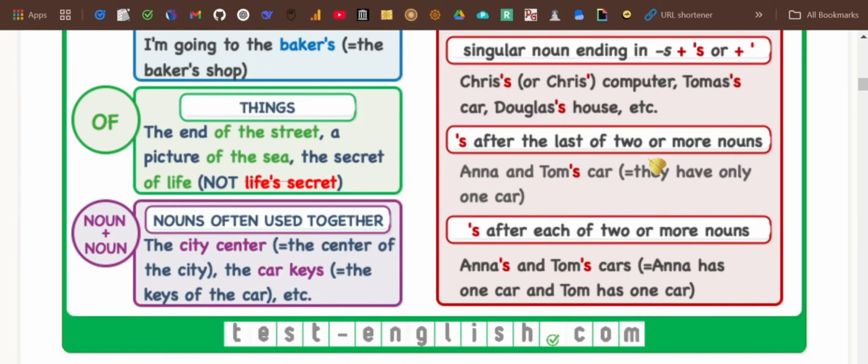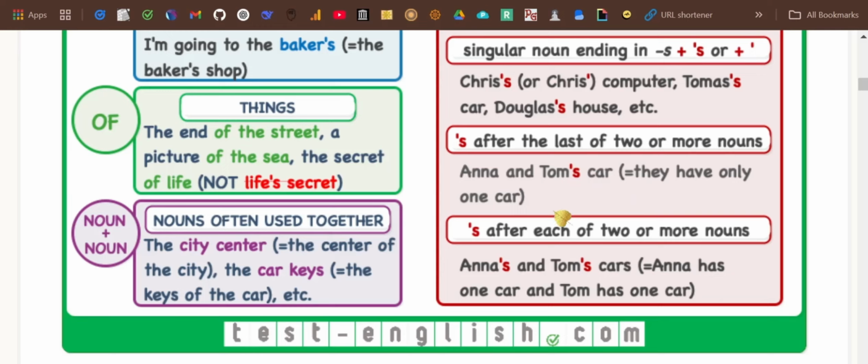Apostrophe after the last of two or more nouns. If you have Anna, and you have Tom, two nouns, and you want to say that something belongs to both of them, then you put only the apostrophe S at the last one. Anna and Tom's car. Okay, they have only one car.